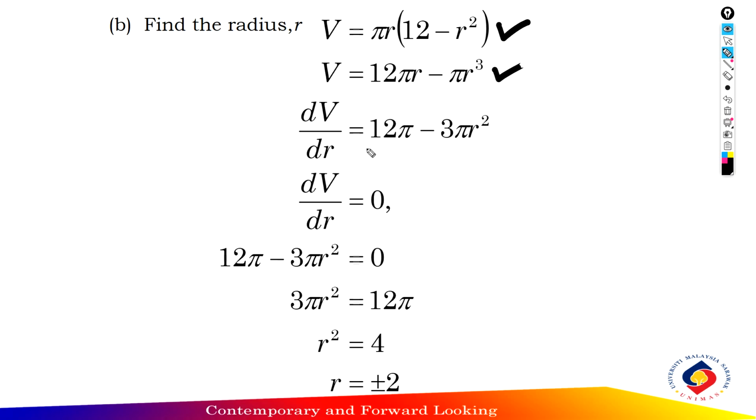Then find the first derivative: dV/dr equals 12π minus 3πr². Let the first derivative equal 0: 12π minus 3πr² equals 0. So r² equals 4, and r equals plus or minus 2. You reject the negative value, so the radius equals 2.